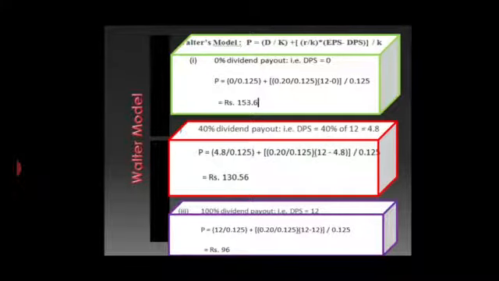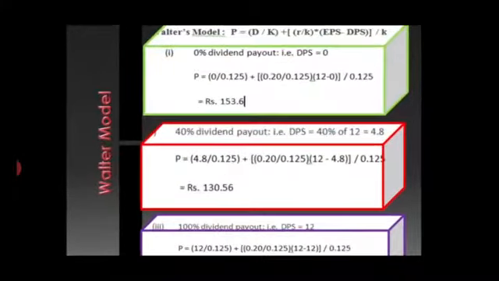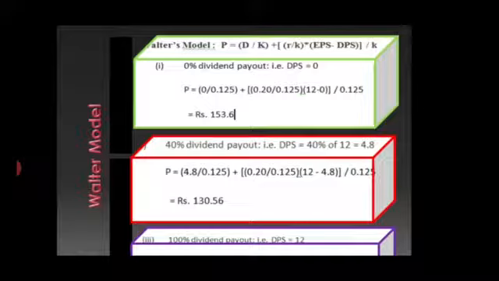Now this is the calculation of the Walter model. Here I have taken 0% dividend, so DPS is equal to 0. Now put this value in the equation. D means 0. K means 12.5%, that is already given. Plus R 20%, K 12.5%, EPS 12, dividend 0.